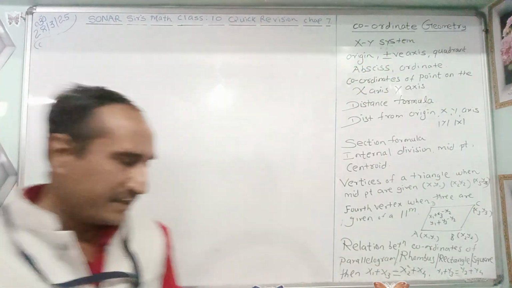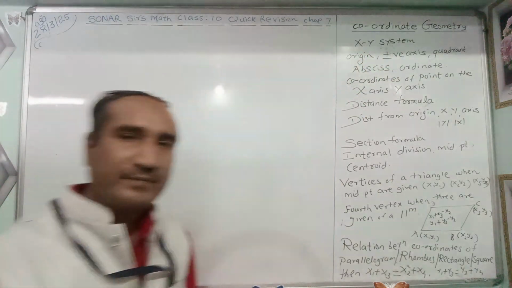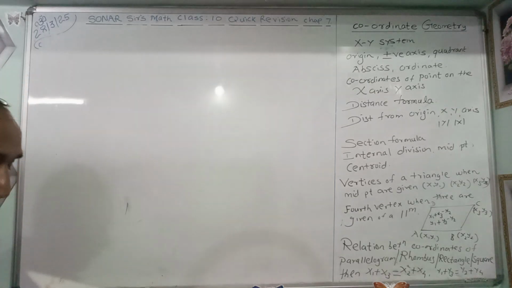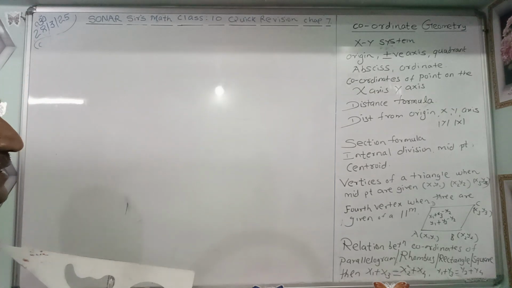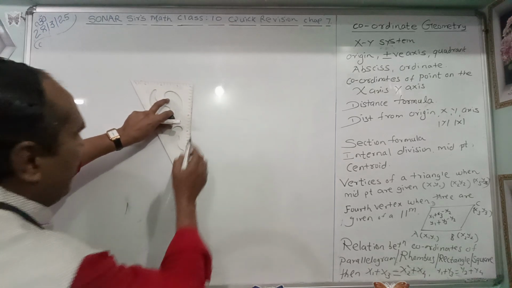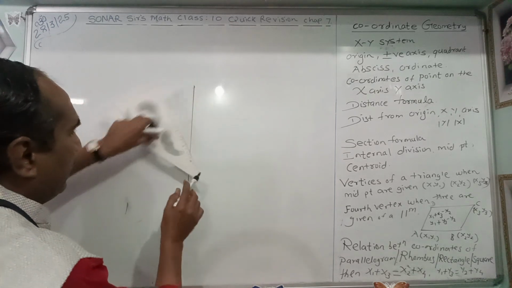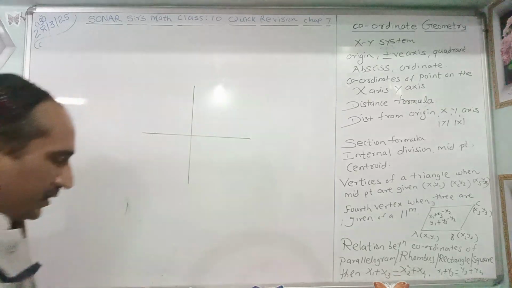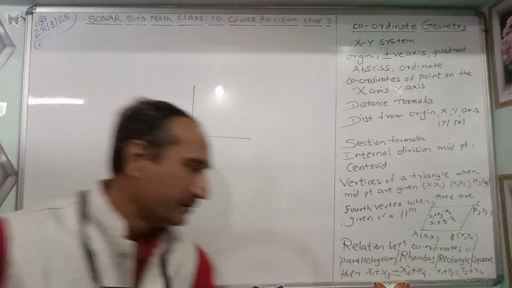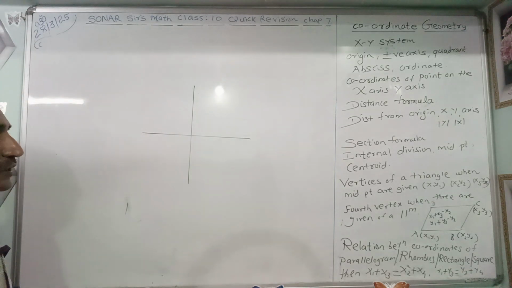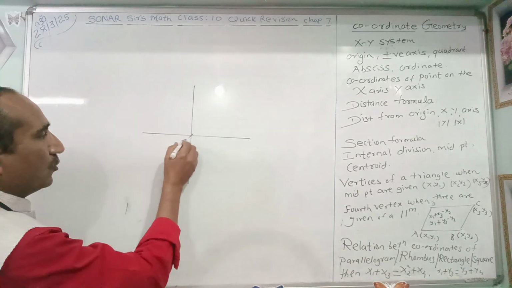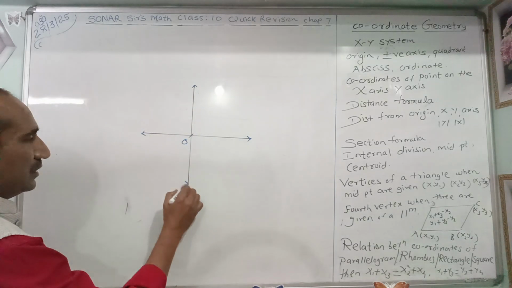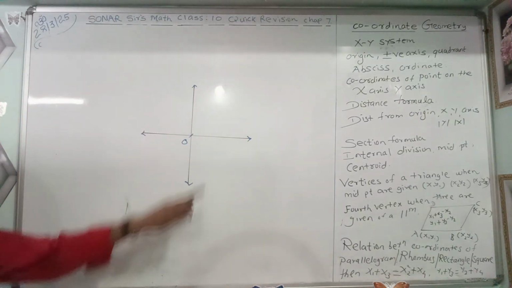Now what is this XY coordinate system? From 5th, 6th standard we are learning the number line. When two number lines intersect each other at right angles, passing through the origin, that is O, then the plane is divided into four parts.